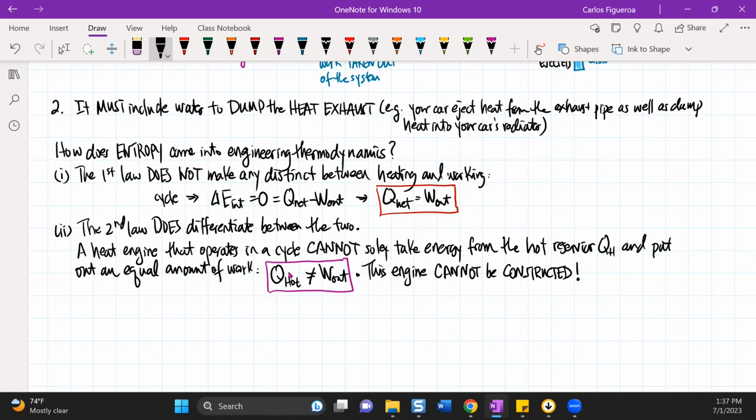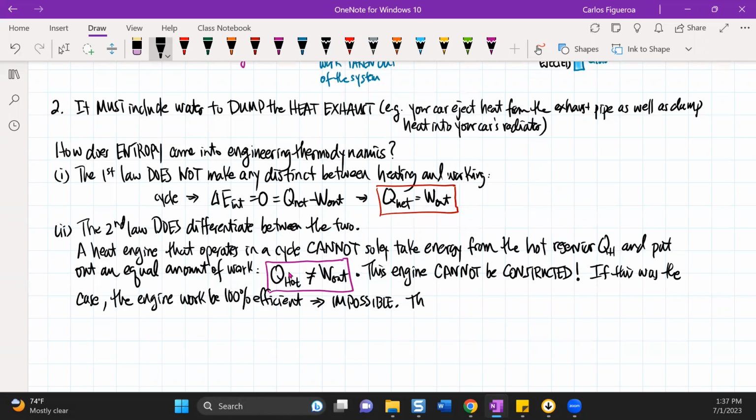So if you could do this, the engine would be 100% efficient, which tells us that by the second law, it's impossible to do.